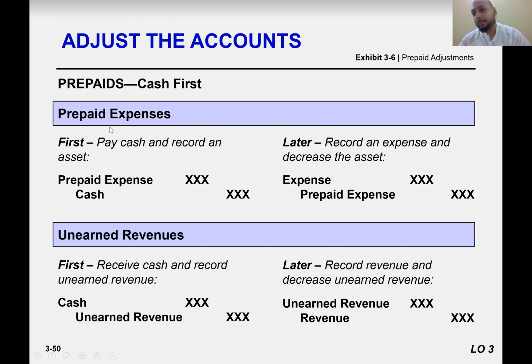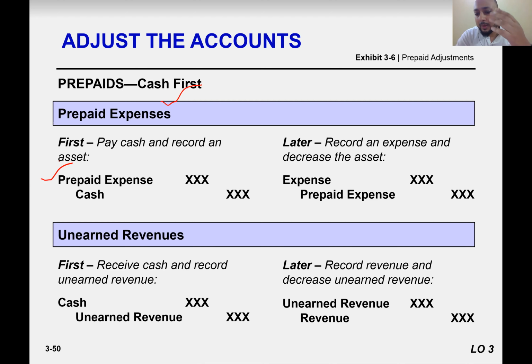Number one was prepaid expense. When a prepaid expense happens, we first record it, because we need to apply the revenue and expense recognition matching principles. So first, we record it as prepaid expense to cash, and it can be any expense: prepaid rent, prepaid electricity bill, prepaid wages, whatever.